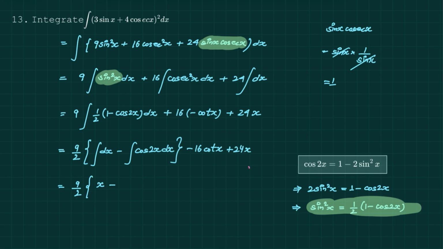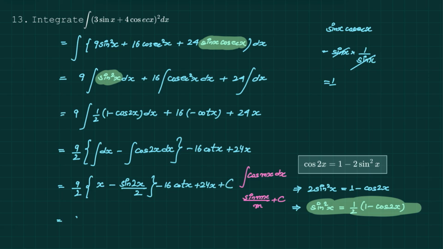We have one formula: integration of cos mx dx, where m is any number, can be written as sin mx by m plus c. This formula we will discuss in the upcoming videos. For now, integration of cos 2x using that formula can be written as sine of 2x by 2, minus 16 cot x plus 24x plus constant of integration.